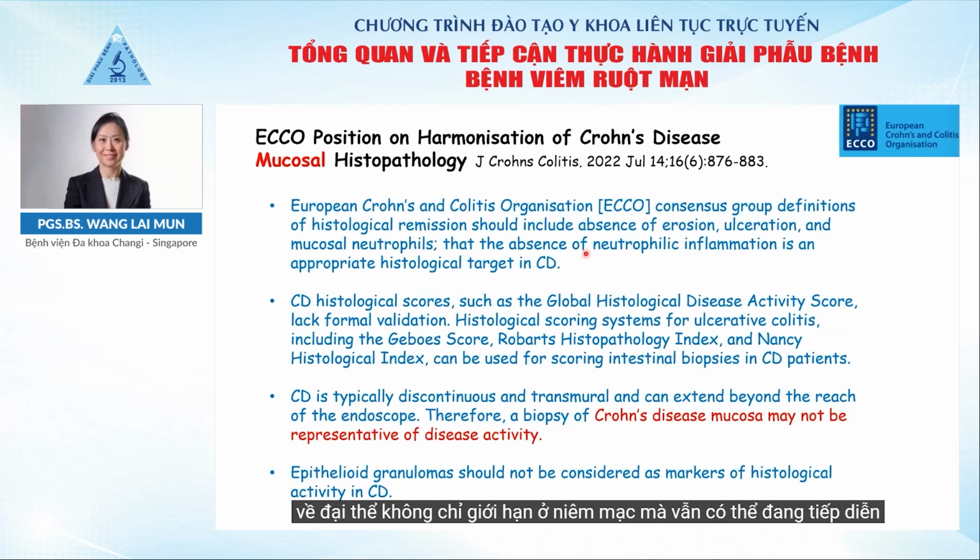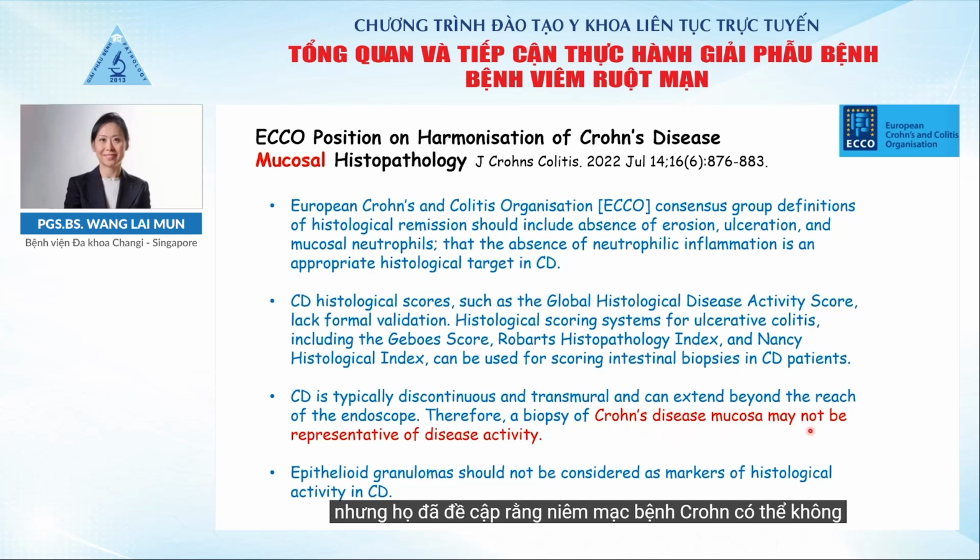There could still be ongoing inflammation in the deeper layers of the gut, like the submucosa and muscularis propria. And particularly in the submucosa, there still can be ongoing fibroinflammation causing stricture formation.